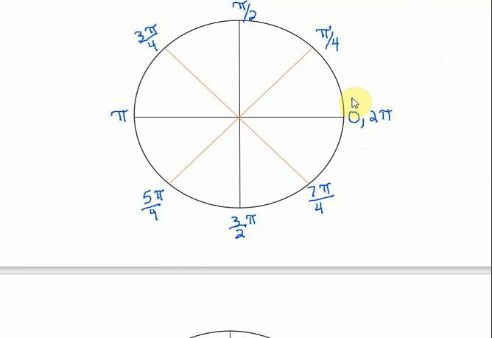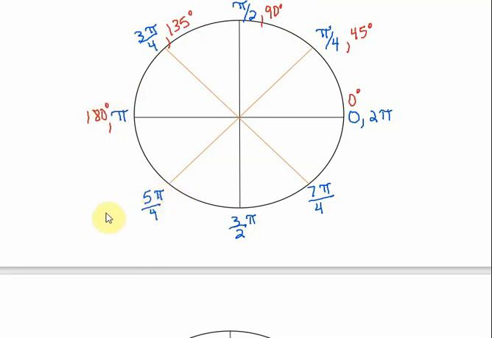Okay, so we know again this would be 0 degrees. Then a quarter of the way, that would be 45 degrees. A quarter of the way around would be 90 degrees. This would be 135 degrees. As we said before, halfway around is 180 degrees.